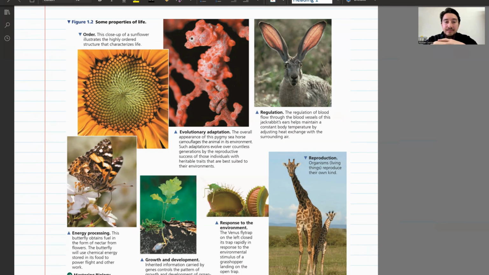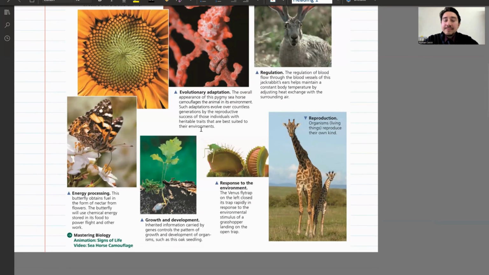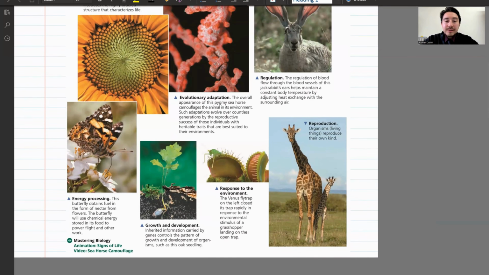Energy processing: one way or another, we all must have energy within our body or else we will die, right? Growth and development: all organisms, from the moment that they're formed, that they're given birth to, right? They need to produce new features and grow in size, so they can survive and thrive in their environment.